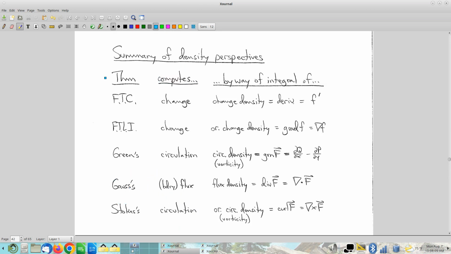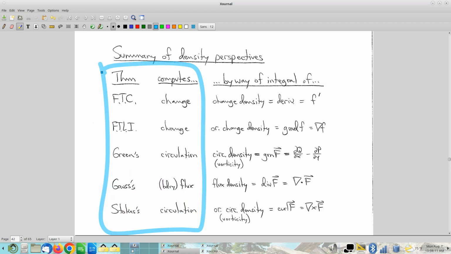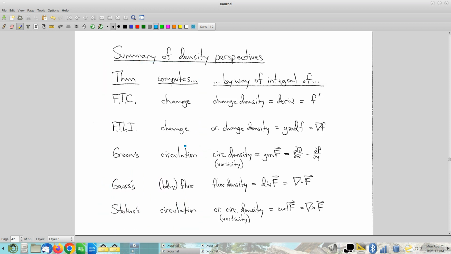Gauss's theorem is about boundary flux. So in all of these theorems, there's an accumulating quantity. All of these accumulating quantities are computed with integrals over the resulting interiors. And specifically, you'll notice here that they're all integrals of densities. It's always an integral of the density associated to the accumulating quantity in question.